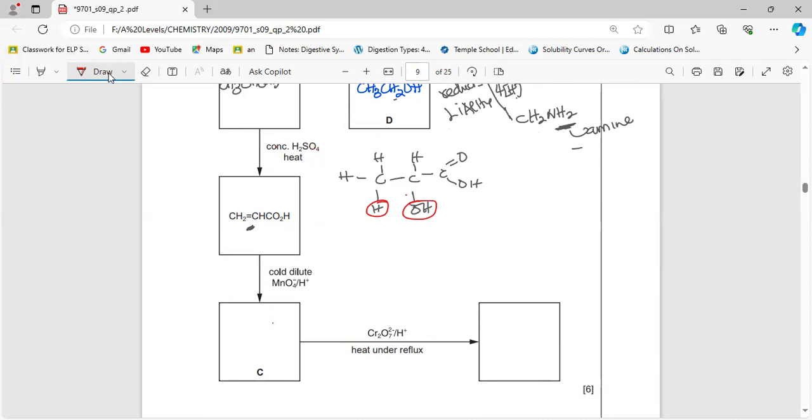Now this is reacting with cold dilute KMnO4. Obviously, carboxylic acid has nothing to do with cold dilute KMnO4. What has something to do with it is the double bond. Whenever it's reacting with cold dilute KMnO4, it's going to give us a diol, because in the reaction you are going to be having CH2=CH-COOH plus H2O, then plus oxygen. So these will be giving us OH and OH, one of them will come here, the other one will come to this other side.